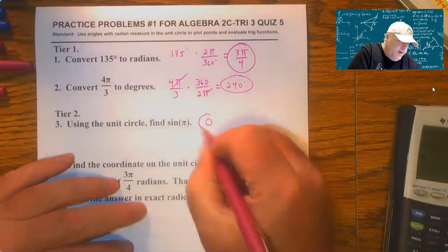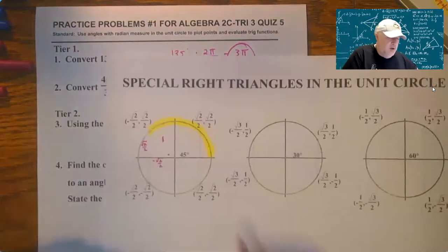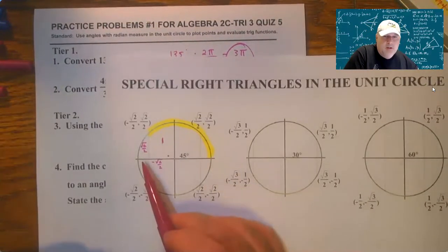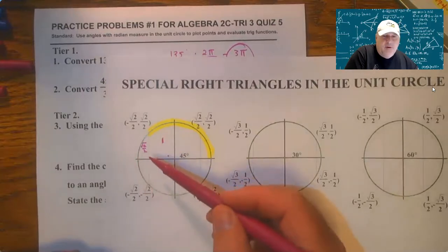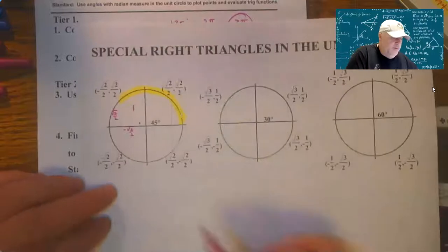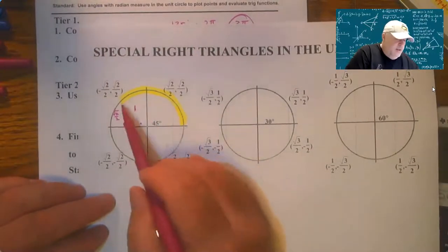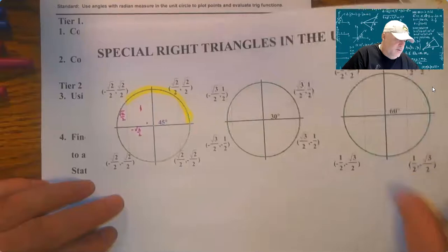If you were looking at all the way through 180 degrees, the triangle actually collapses. So the opposite side is 0 and the hypotenuse is 1, making it 0, which I should have kept right up here.